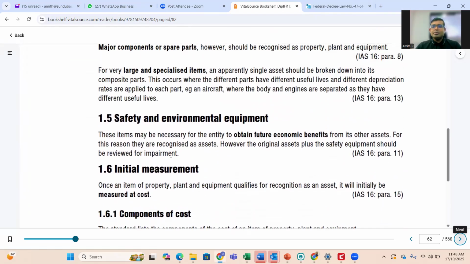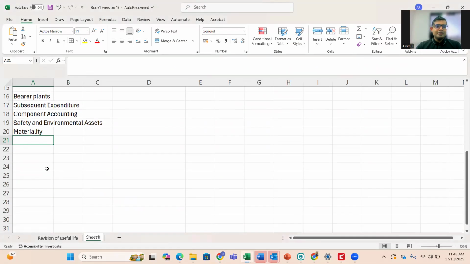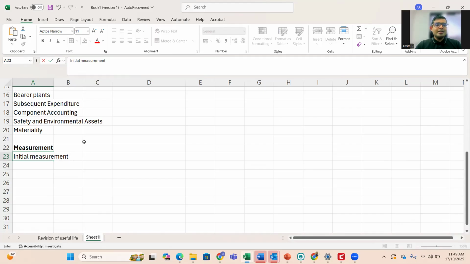So there are two types of things when it comes to PPE. First, you have to say initial measurement. Initial measurement means the measurement at the time when I purchased.